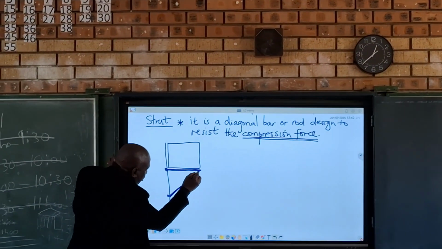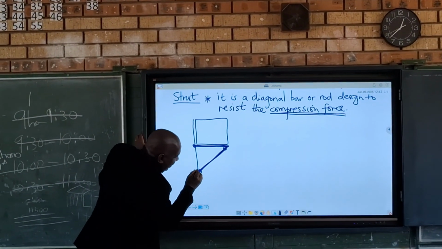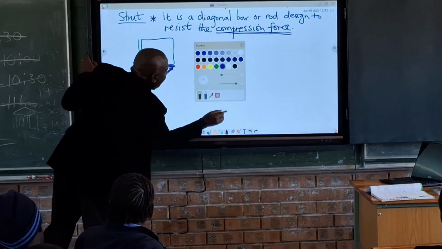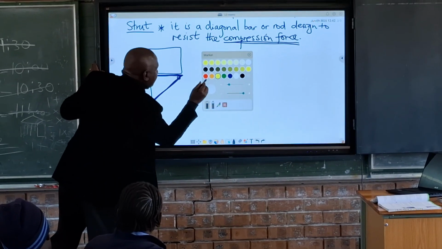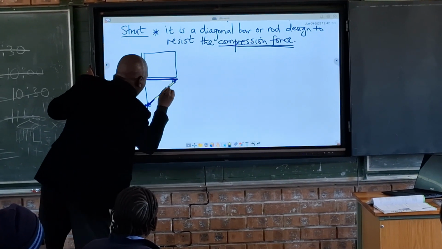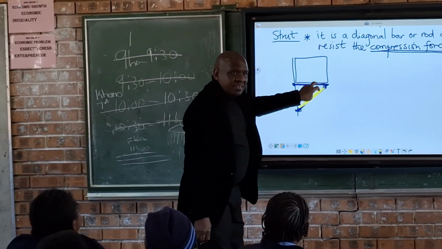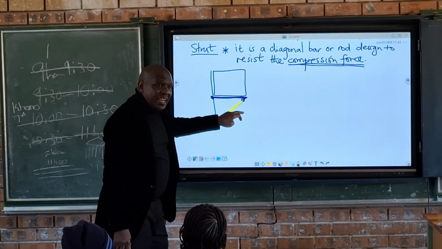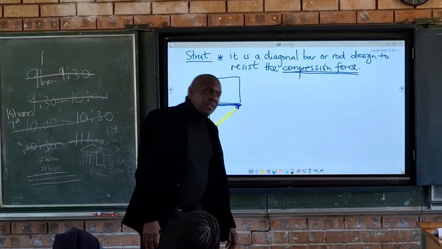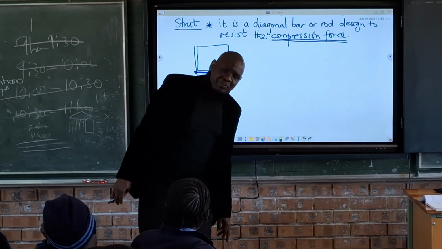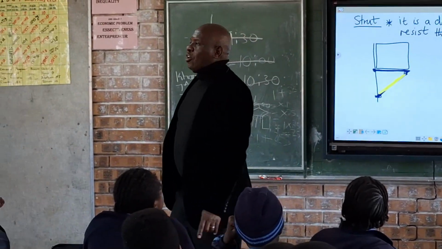Because if this element is not there, this element that I'm marking with a yellow line, the television will not stay, it will collapse.